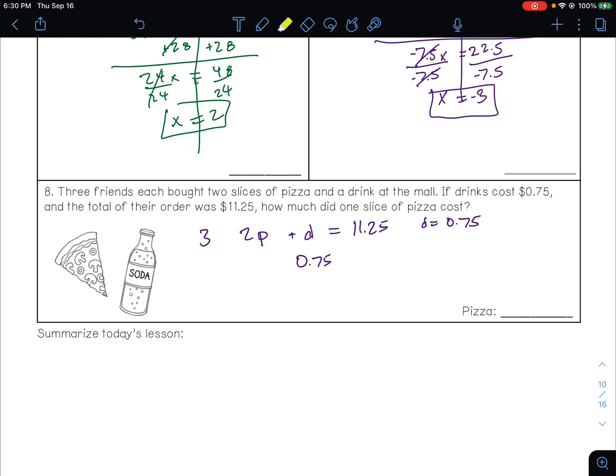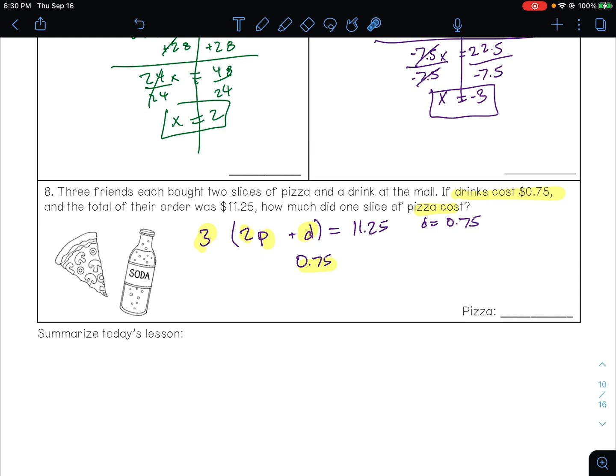Okay, so the drinks are 75 cents because they say so. We don't know how much the pizza costs, so this needs to stay. It was 3 friends who each bought 2 pizzas and a drink, so that's 3 friends, 2 pizzas, and a drink. So that's like the distributive property.